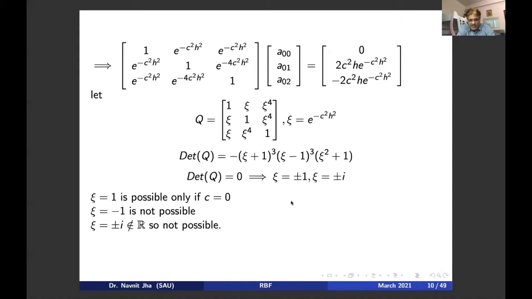Xi equal to 1 is possible if c is 0. Xi equal to minus 1 is not possible for us, and xi equal to plus minus i, which is not belonging to R, is also not possible for us, because I have taken c as a positive real number. So in our case, this coefficient matrix is a non-singular matrix and can be invertible.